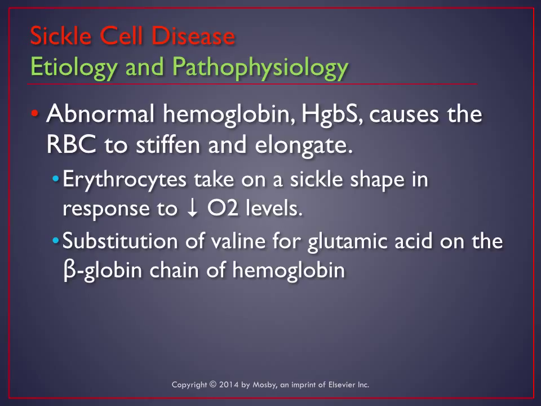It's a substitution of valine for glutamic acid on the chain of hemoglobin. You don't need to worry about this explanation. The only explanation I want you to know is that this is an abnormal hemoglobin S, the shape of the red blood cell changed, and there is less oxygenation.